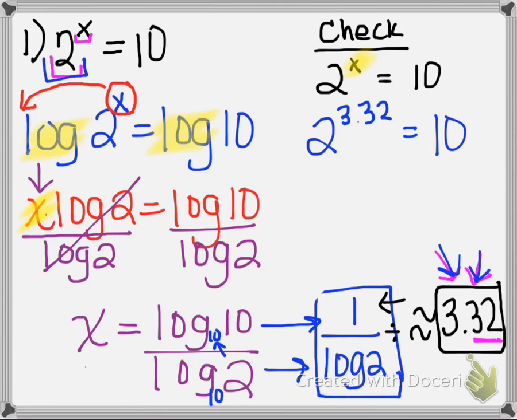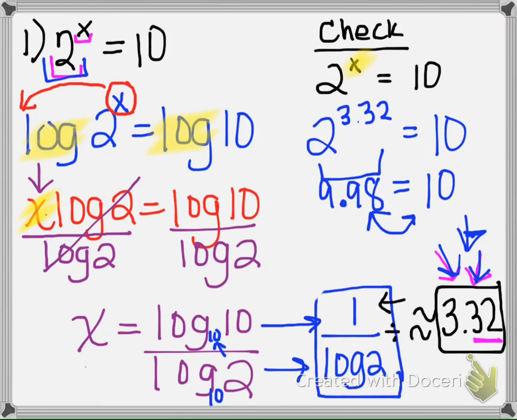So if you take your calculator right now and enter 2 to the 3.32 power, you will get about 9.98. So it's not going to equal exactly 10 because, again, this was rounded. But these two should be really close. So remember, when you're done with your answer, if you want to check it, you replace the x with the answer that you got.